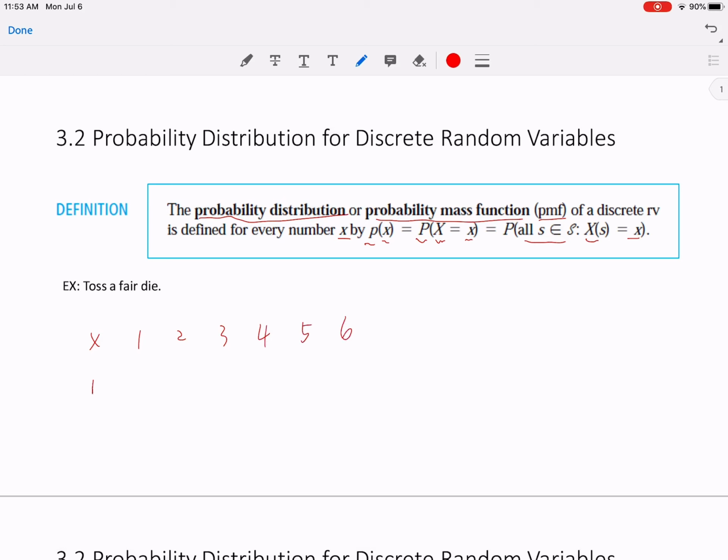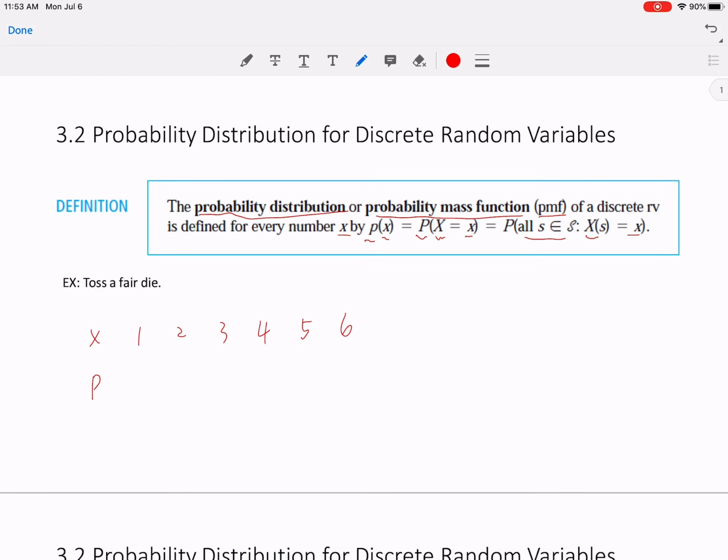Now let's take a look at probability. When we're thinking of probability, we always think of the formula P of A is equal to the frequency of A divided by the total. Now what's the total here? How many different numbers do we have? We have 6 of them, right? And then what's the probability of 1? 1 over 6, and then 1 over 6.